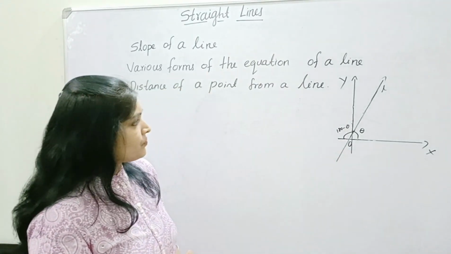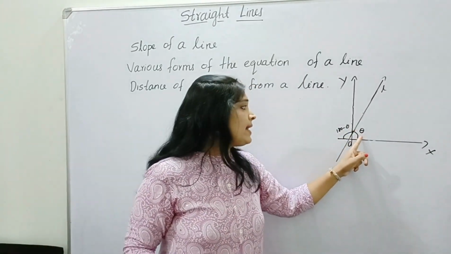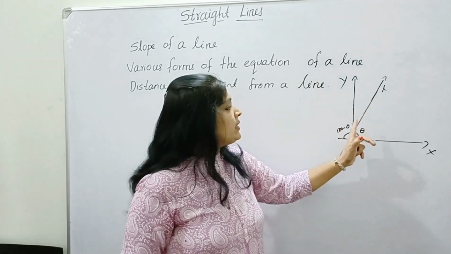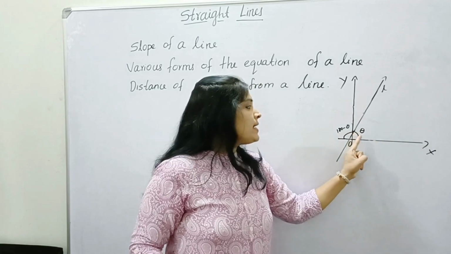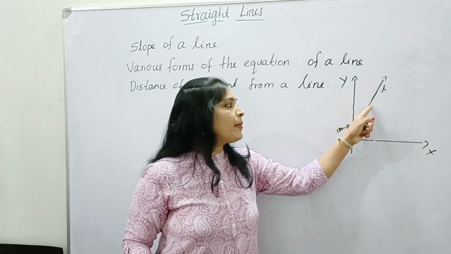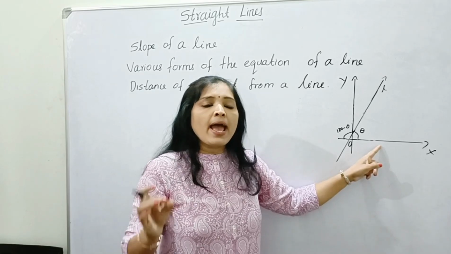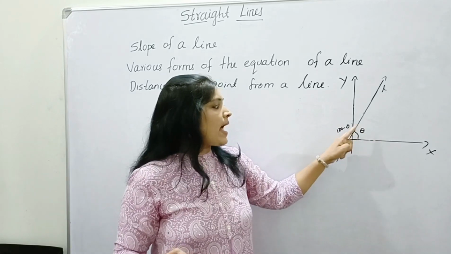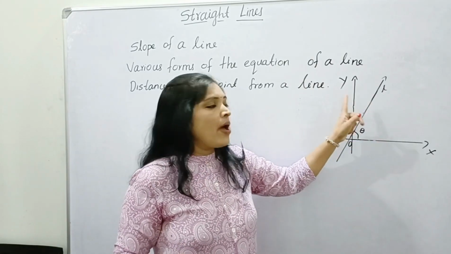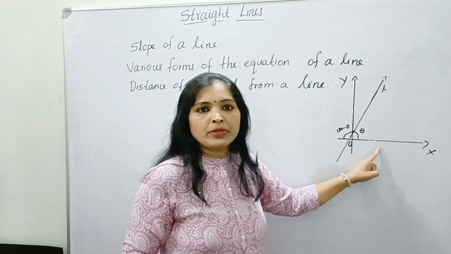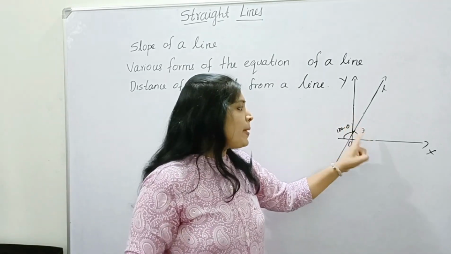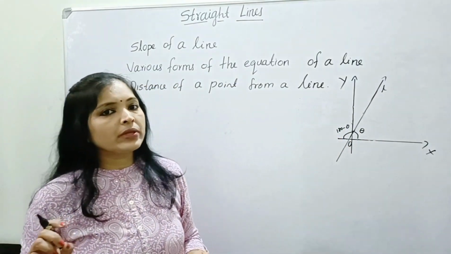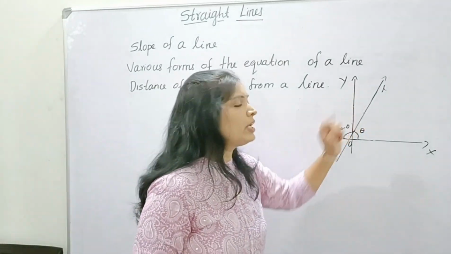So this angle is the angle made by this straight line L with the positive x-axis, measured in the anti-clockwise direction. This angle is called the inclination of the line.